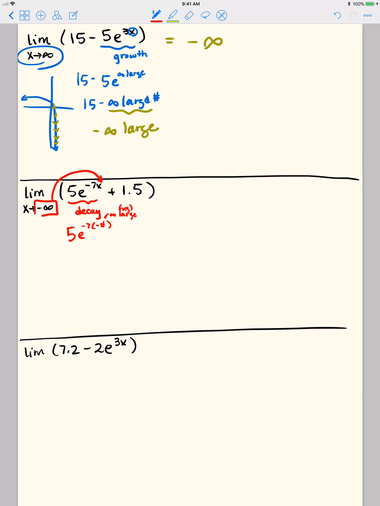But what happens is you have a negative times a negative, so you'll really have 5e to a positive power, and it's 7 times an infinitely large number, so that number will get infinitely positive, and then you're just going to add this random 1.5 to it.